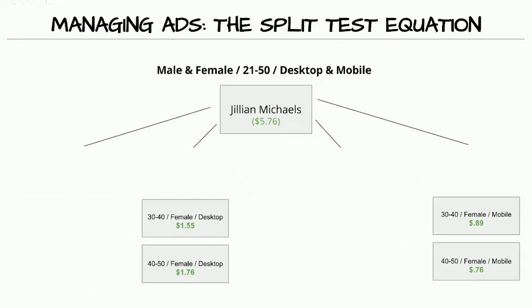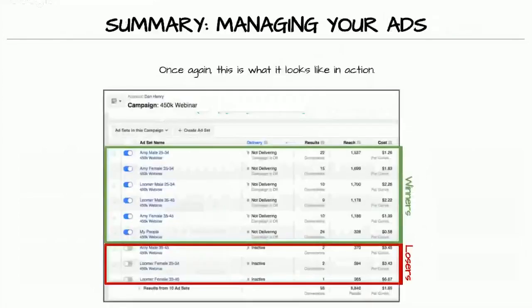Because we got these low cost leads, and then we turn them into sales. All right. So instead of spending $5.76, now we're spending an average of $1.24. That's the average of these 4 right here, $1.24. So now because we've split tested, we've taken that $5.76 down to $1.24 per lead. That's awesome. All right.